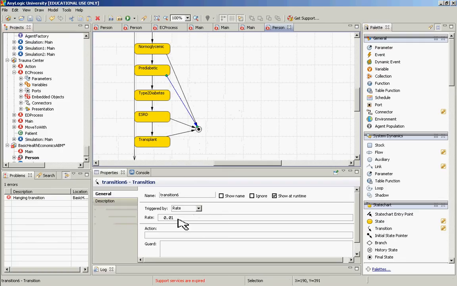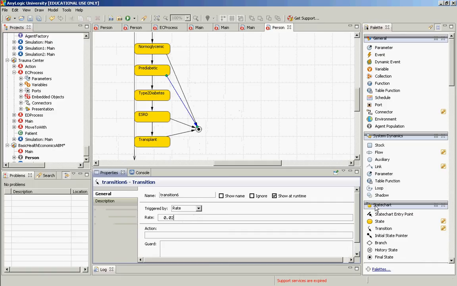The rate twice that because of typical risk factors commonly associated with that.